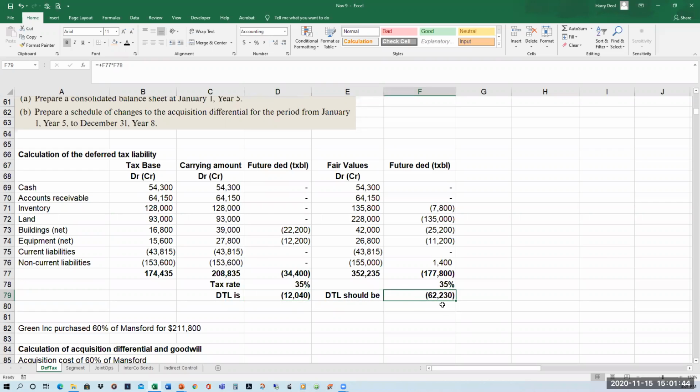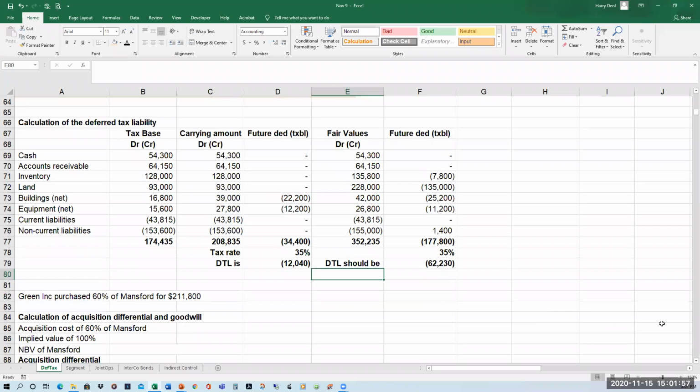Okay, so this difference is basically due to the fact that for Mansford, its fair values were different from the carrying amount. Now notice what is the additional deferred tax liability needed? The additional deferred tax liability, if you notice here, has to be $50,190. So we need an extra deferred tax liability equaling $50,190.